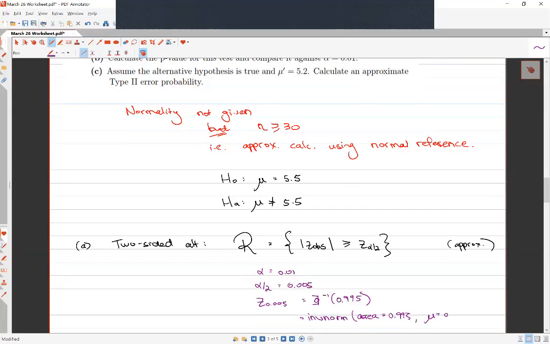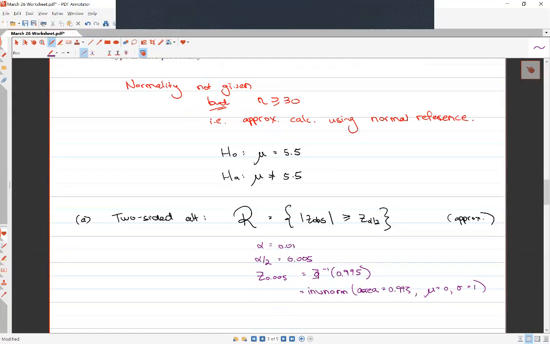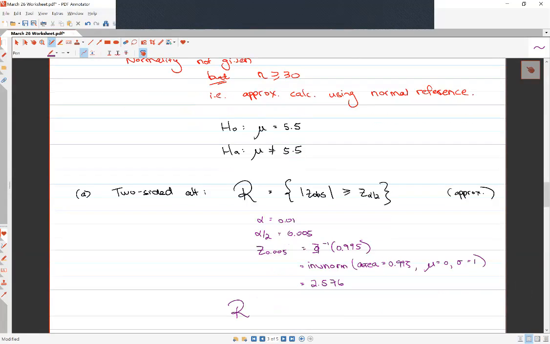And if your calculator is asking for reference mu and sigma values, those are 0 and 1. So if you go and evaluate this, you will get a value of 2.576. So if you were to do a test here using a rejection region, you would reject the null hypothesis if the absolute value of z observed was greater than or equal to 2.576.